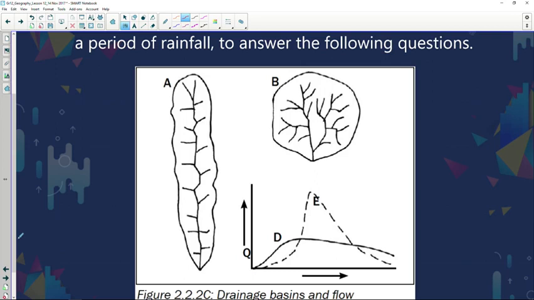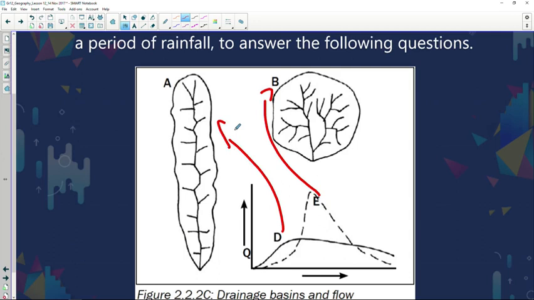How do I know this? A joins at acute right angles, and if you look at B, it resembles the branches of a tree. Just by looking at that, I can guarantee you that on your hydrograph, E represents diagram B and D represents diagram A.